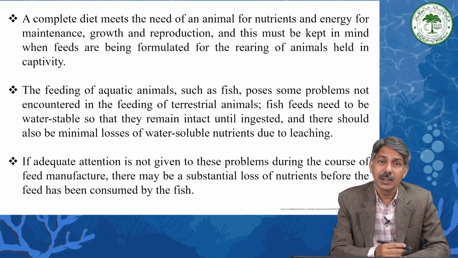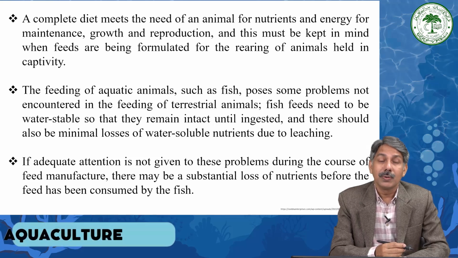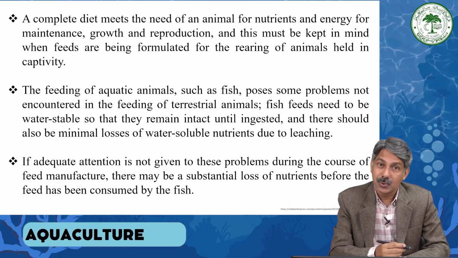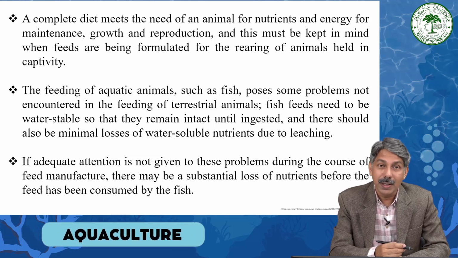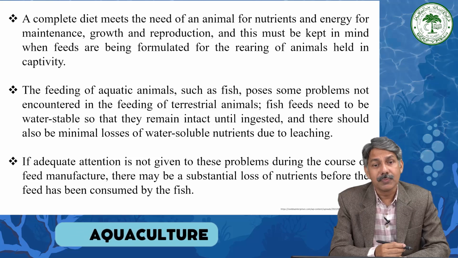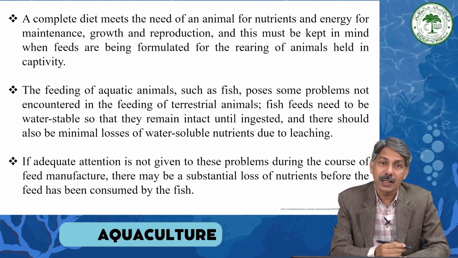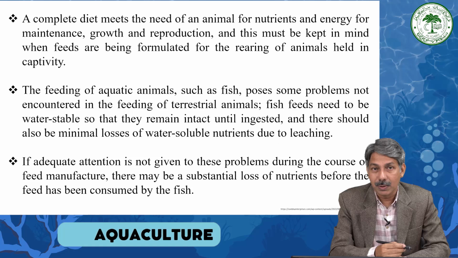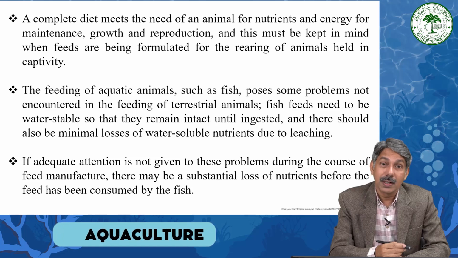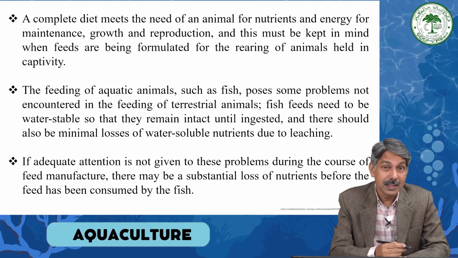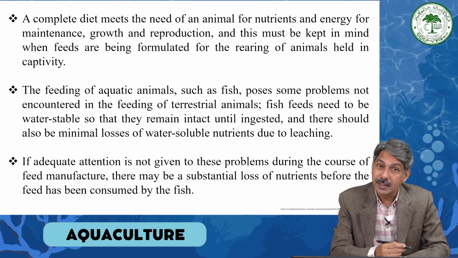All this information we need to have beforehand when we are going to provide them the artificial feed from outside. Here we are not depending on the natural food, and we have to take care of all the nutrient requirements in order to prepare a nutritionally balanced diet to the candidate species that we are cultivating.